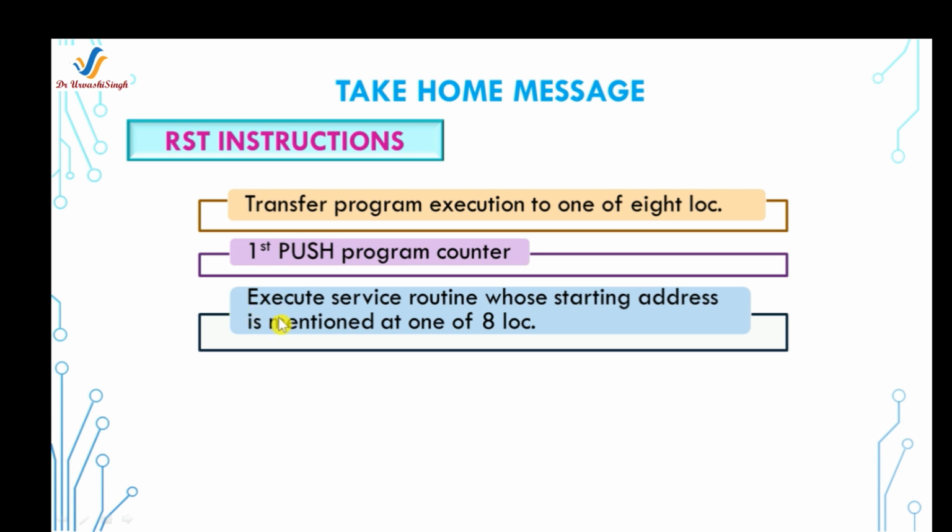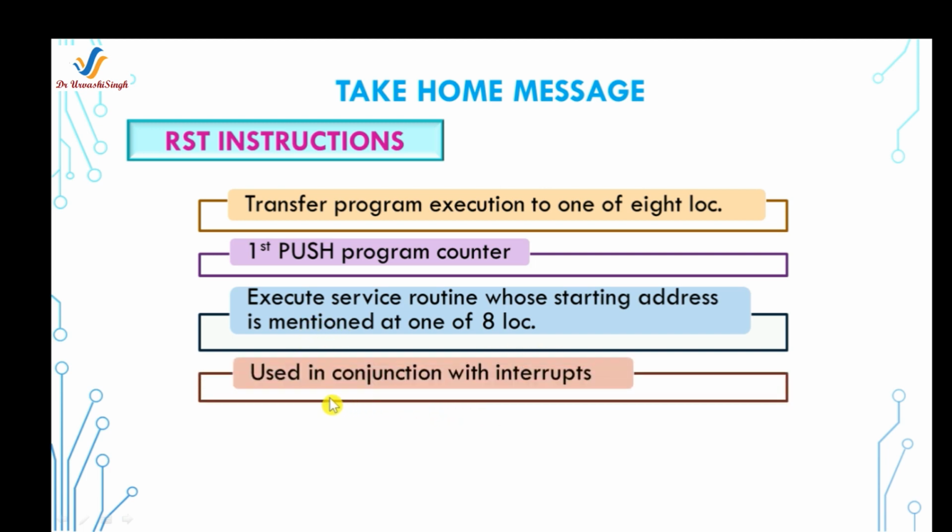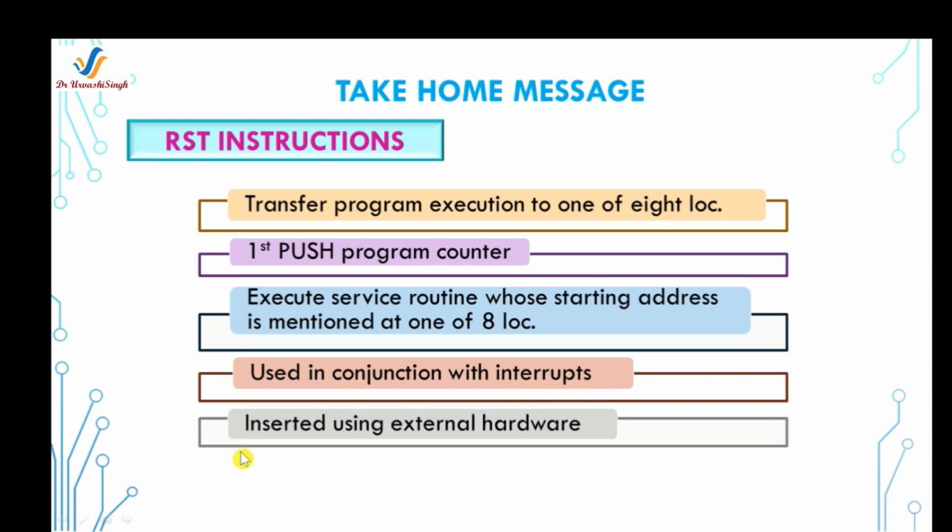After this, the microprocessor will execute the service routine whose starting address is mentioned at one of these 8 locations. These instructions are used in conjunction with the interrupts. And lastly, these instructions are inserted using external hardware. Students, there are some RST instructions which are also generated internally, but that I will discuss in the interrupt topic.